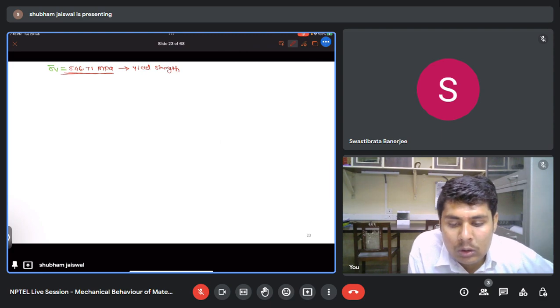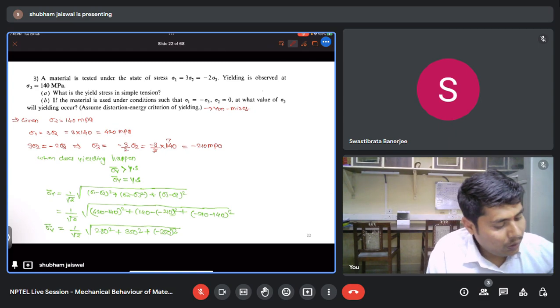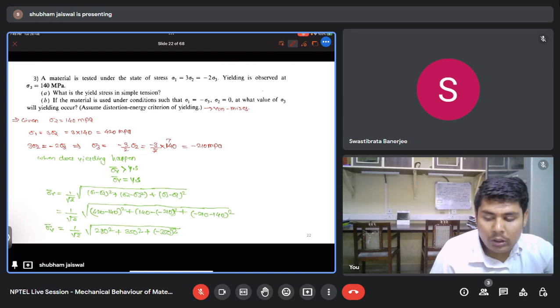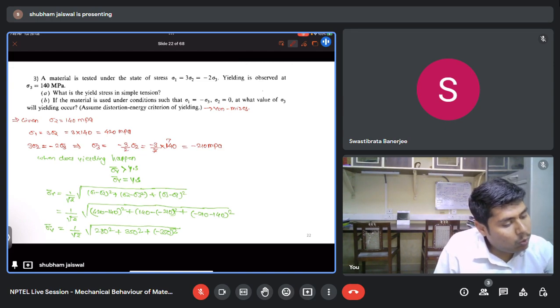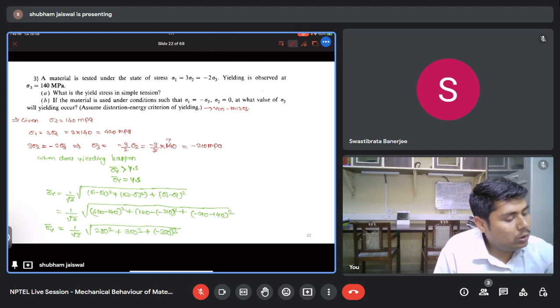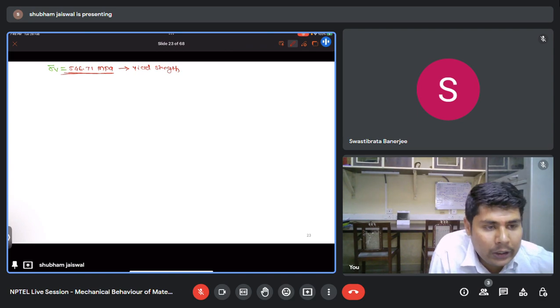Now the second condition they have given: if the material is used under conditions such that sigma 1 is equal to minus sigma 3 and sigma 2 equal to 0, at what value of sigma 3 will yielding occur? Let's assume this is the yield strength of the material.